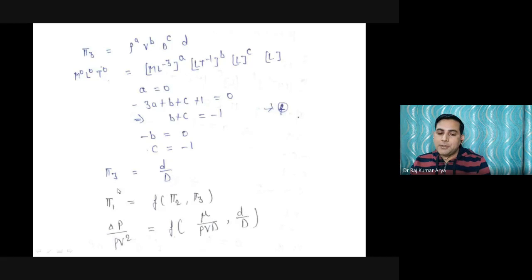So finally you club all of them. This is the dependent parameter, your delta P. So you got this number, delta P upon rho V square. On this side you club all of them, and that would be a function of Re and d upon D. So you got all 3 pi groups.